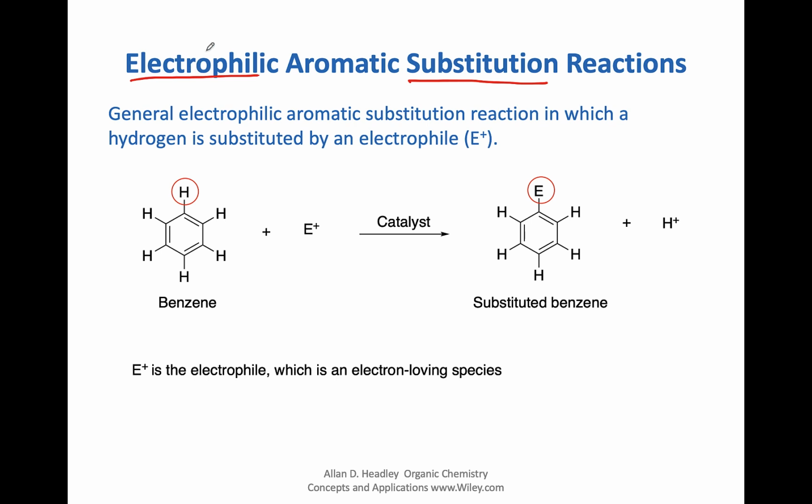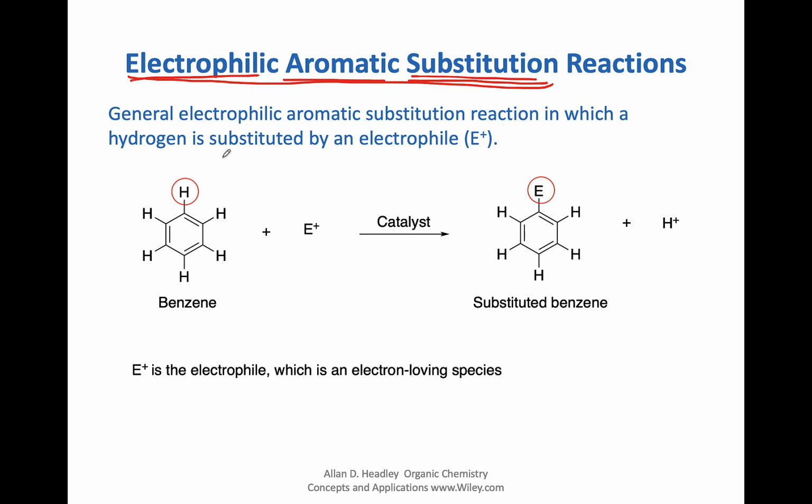Electrophilic here, as you recall, means a positive species, electron loving. And aromatic, of course, is part of it because we will be working with aromatic molecules. So the name of the reactions that an aromatic system undergoes will be electrophilic aromatic substitution.